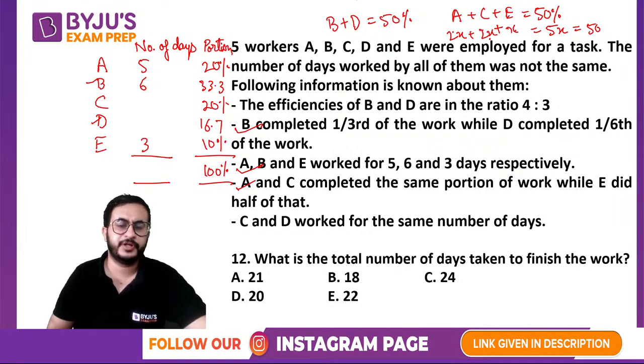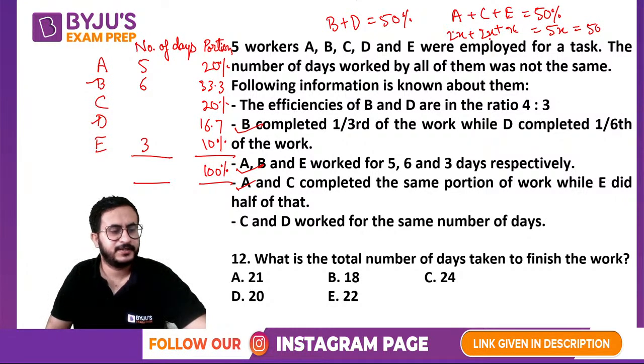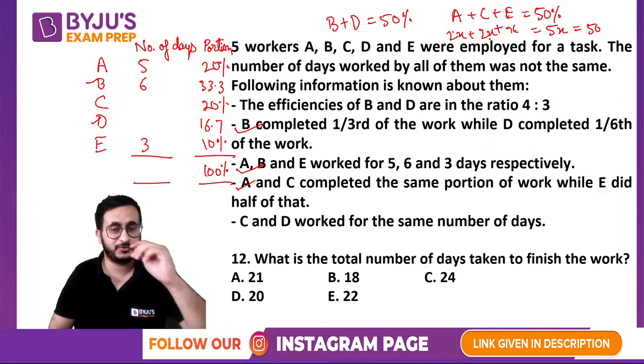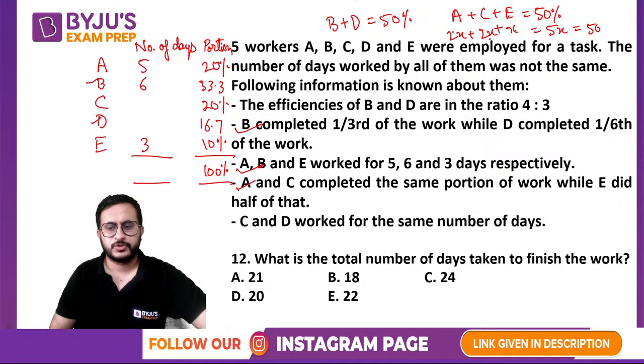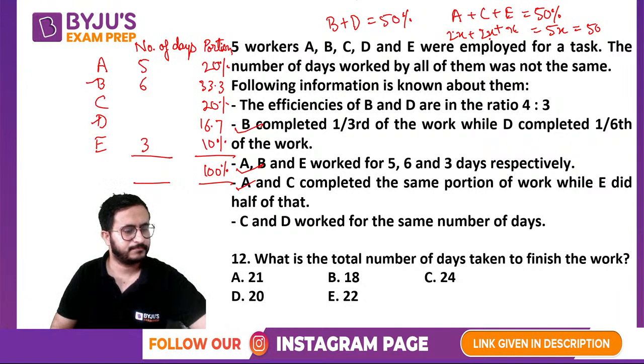When do you say a person is more efficient? When do you say a person is less efficient? मतलब mathematically अगर if to calculate efficiency, how would you calculate? So efficiency is basically work done per unit time, right?